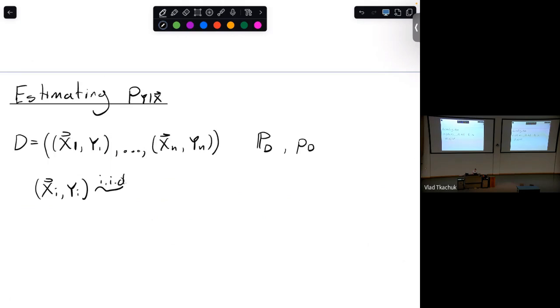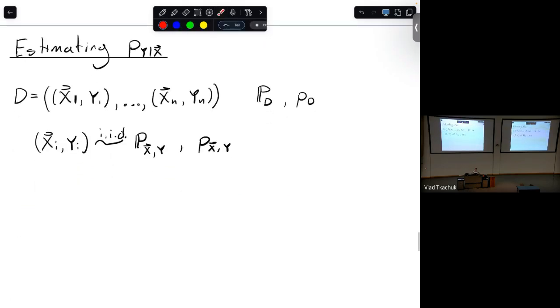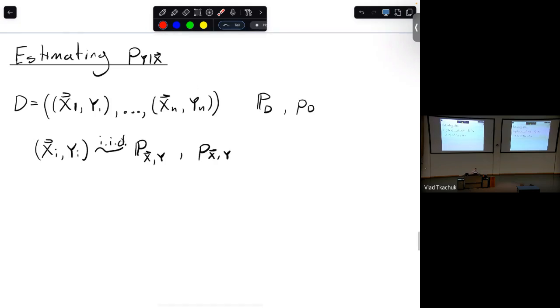This is sometimes written as IID from the same distribution P of what we called X, Y. And there's a corresponding PMF or PDF, which was little p of x, y.